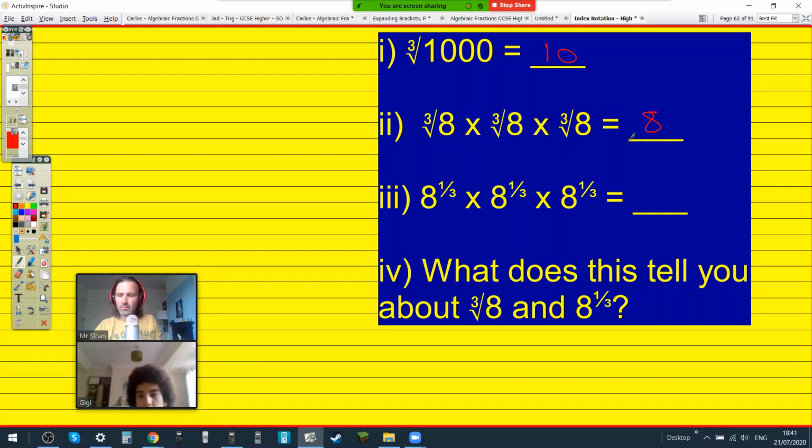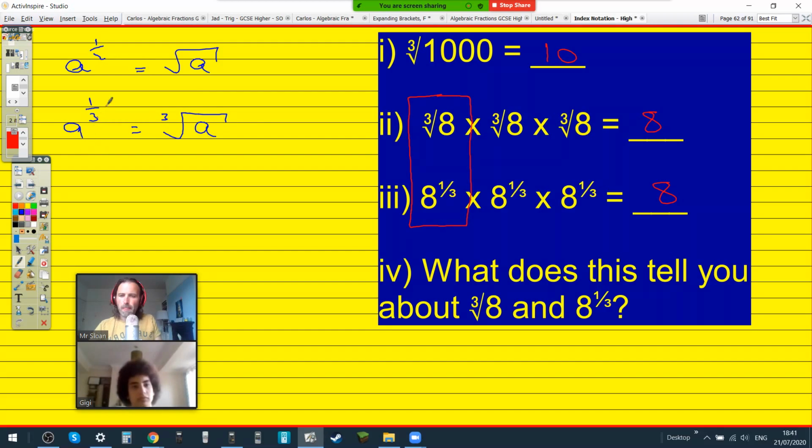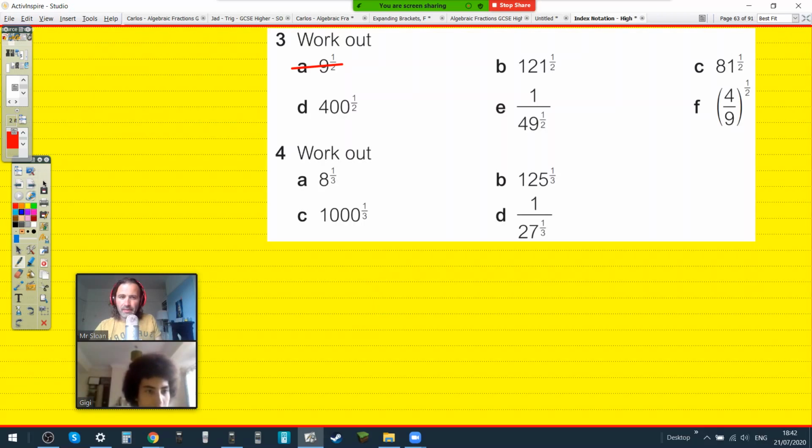How about the next one? It would also be 8. What does that show you? They are the same. Yep. Anything to the power of a half, square root. Anything to the power of a third, cube root, and so on. So we did positive indices, we just did negative indices, now we have fraction indices.